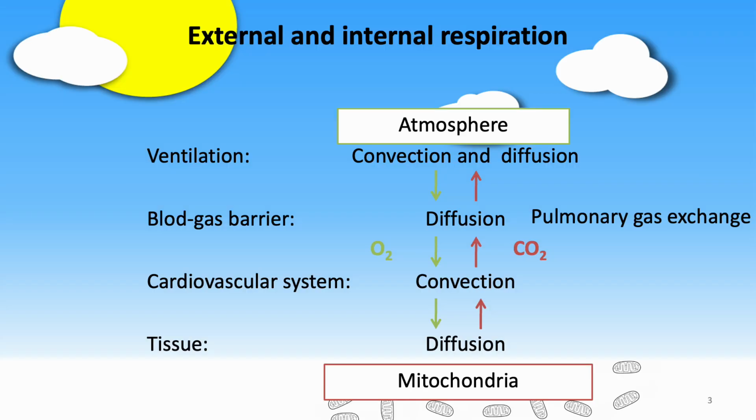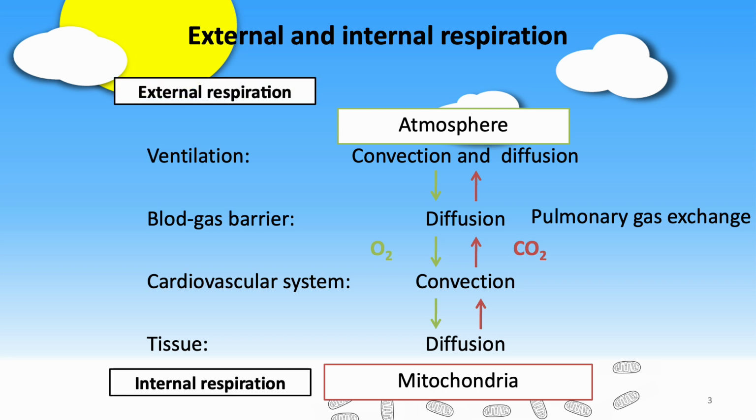Now, respiration is a general term that encompasses the transport of gases from atmospheric air to the tissues and back again. It is divided into external respiration and internal respiration.